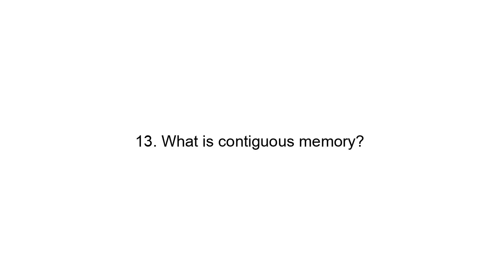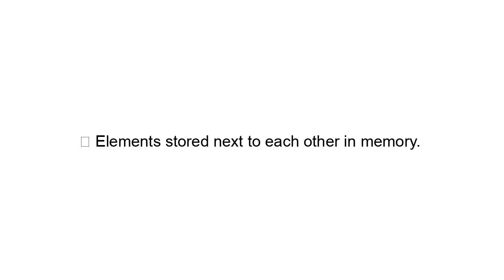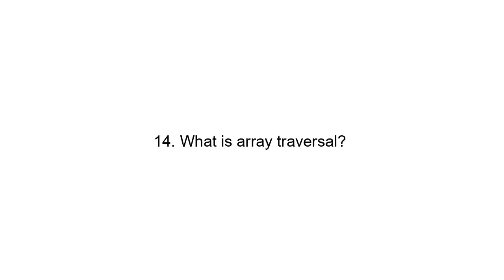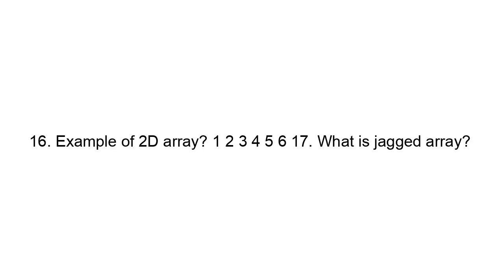O(n). 13. What is contiguous memory? Elements stored next to each other in memory. 14. What is array traversal? Visiting all elements. 15. What is multidimensional array? Array of arrays. 16. Example of 2D array: [1, 2, 3], [4, 5, 6]. 17.